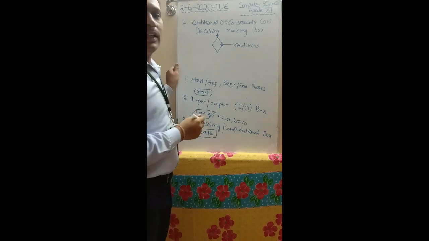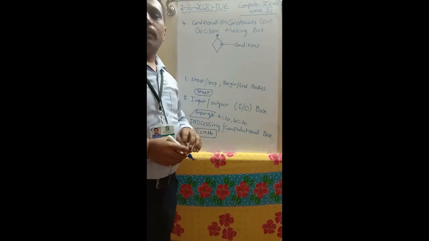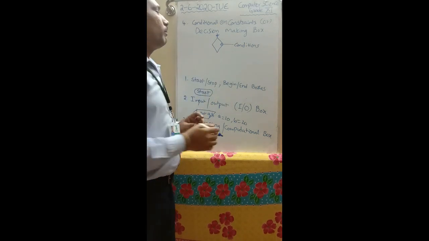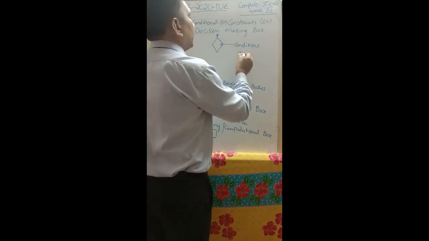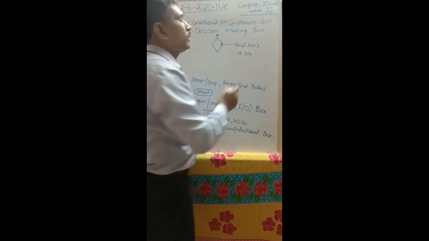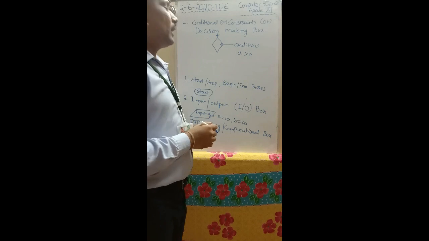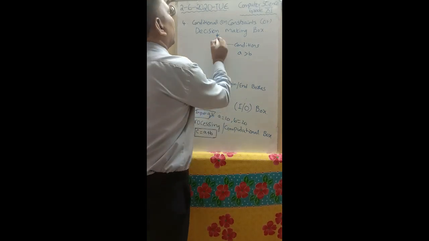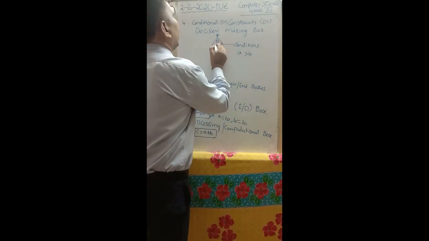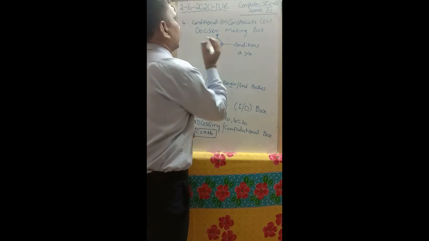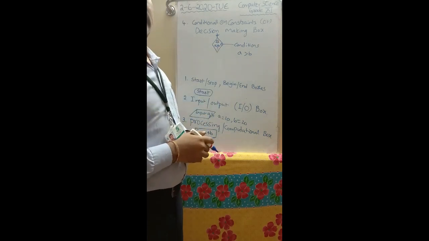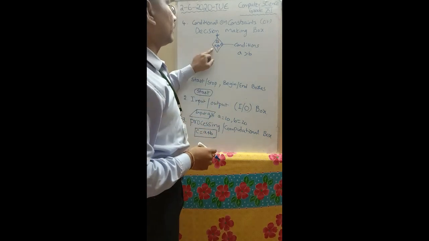For example, in a problem or a program, I compare both A and B, whether they are greater or lesser. Suppose I am writing here A is greater than B. So this one is the condition.